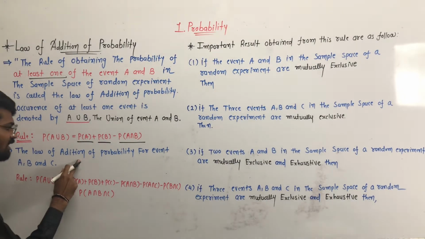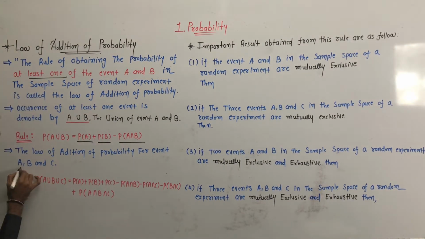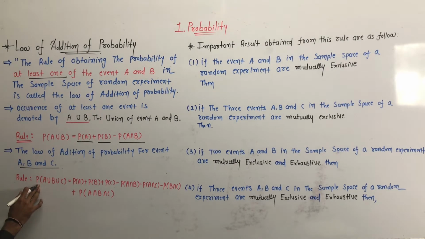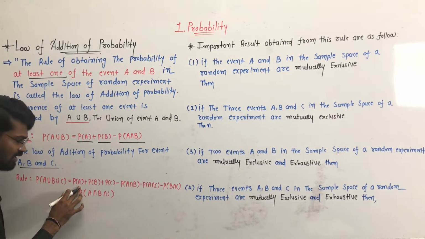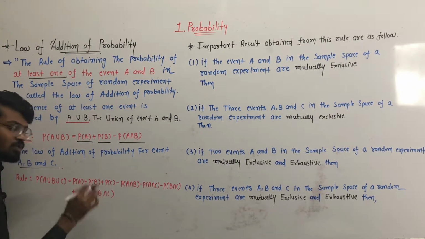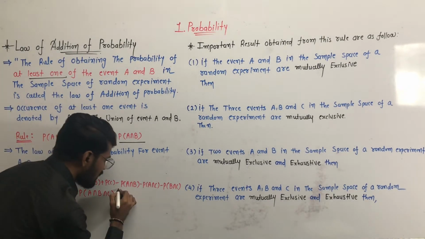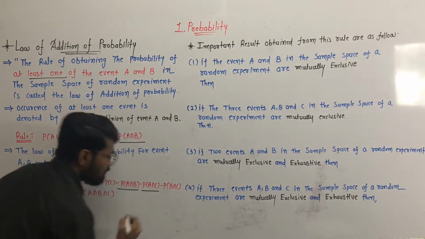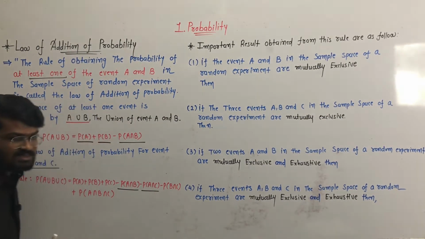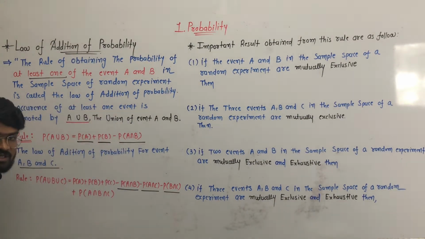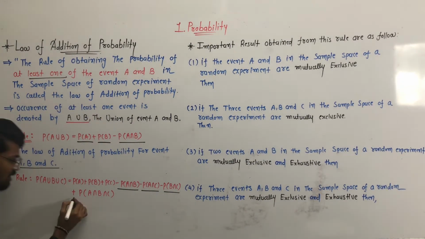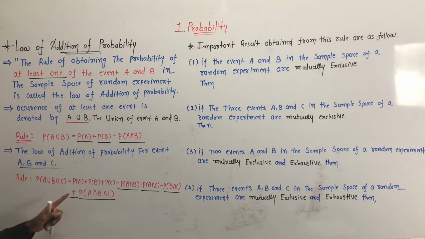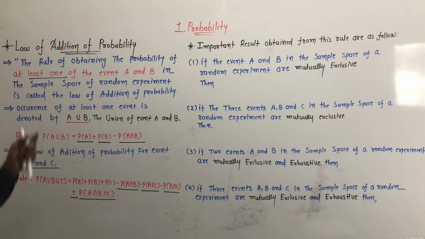The law of addition of probability for the events A, B and C is: probability of A union B union C is equal to probability of A plus probability of B plus probability of C minus probability of the intersection of A and B, minus probability of the intersection of A and C, minus probability of the intersection of B and C, plus probability of the intersection of A, B and C. So this is the law of addition of probability.